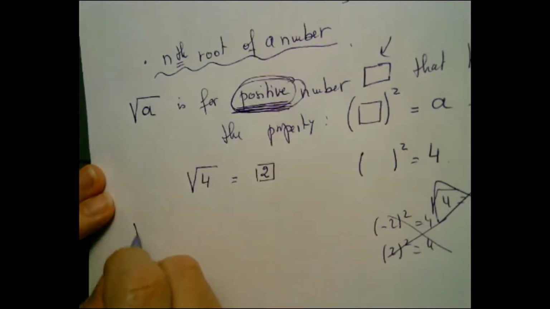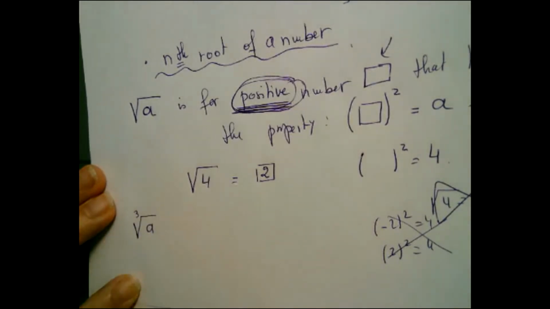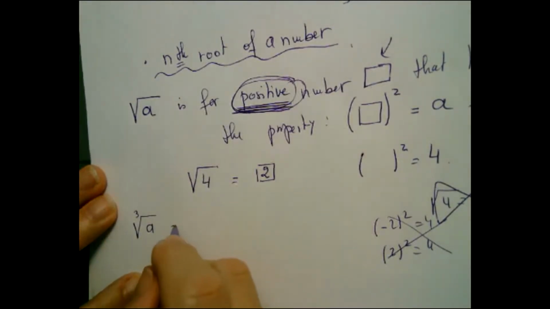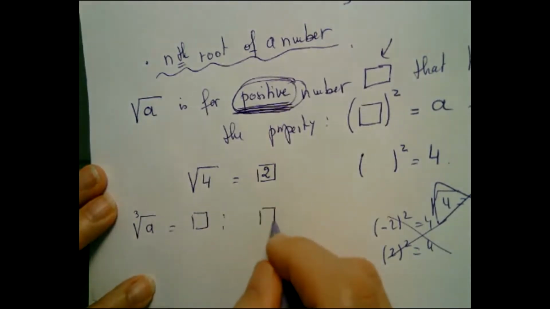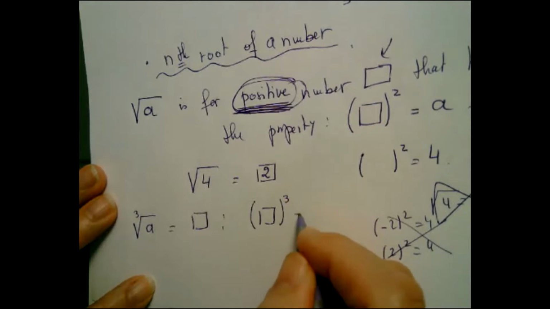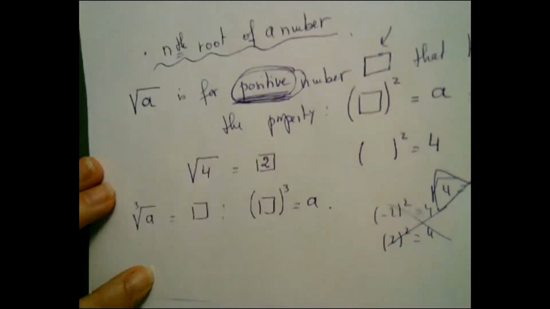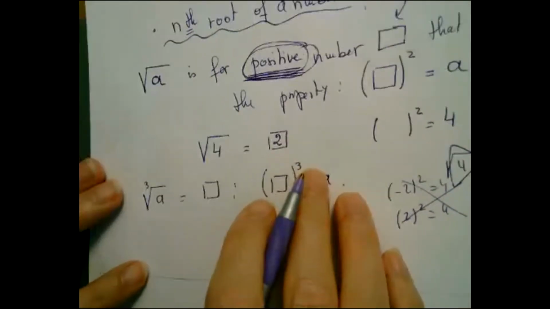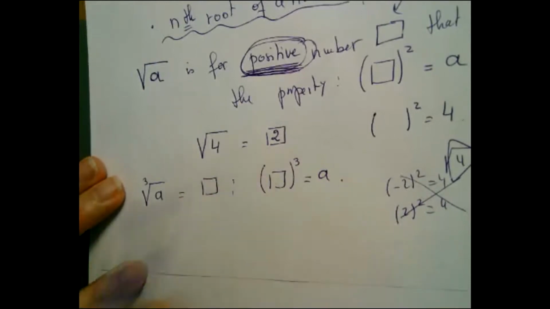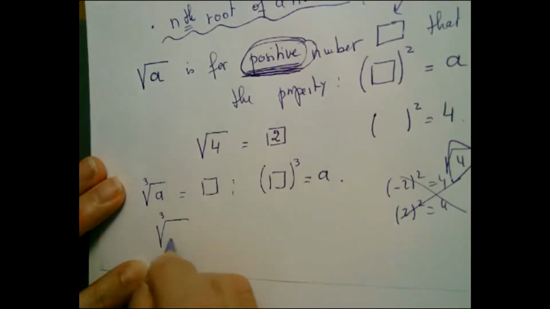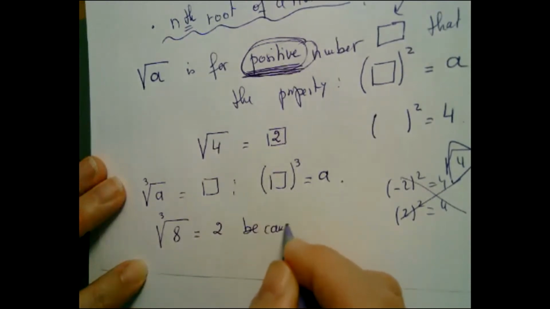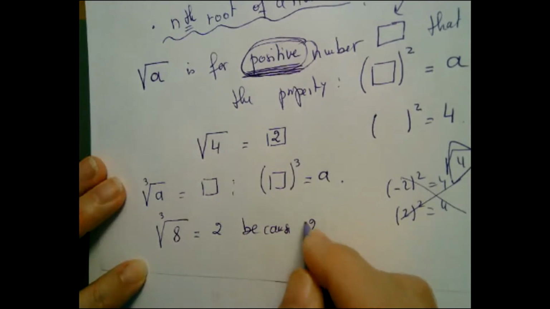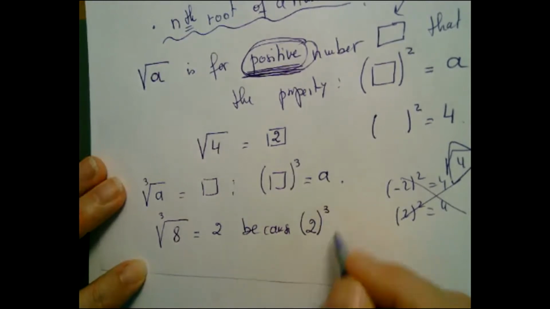Now, the cubic root, I will not put any restriction, is the number that has the property, when you cube it, you get the number back. Okay, so with this, yeah, the square root of 4 is 2. So the cubic root of 8 is 2, because when you take 2, raise it to the power 3, you get 8.